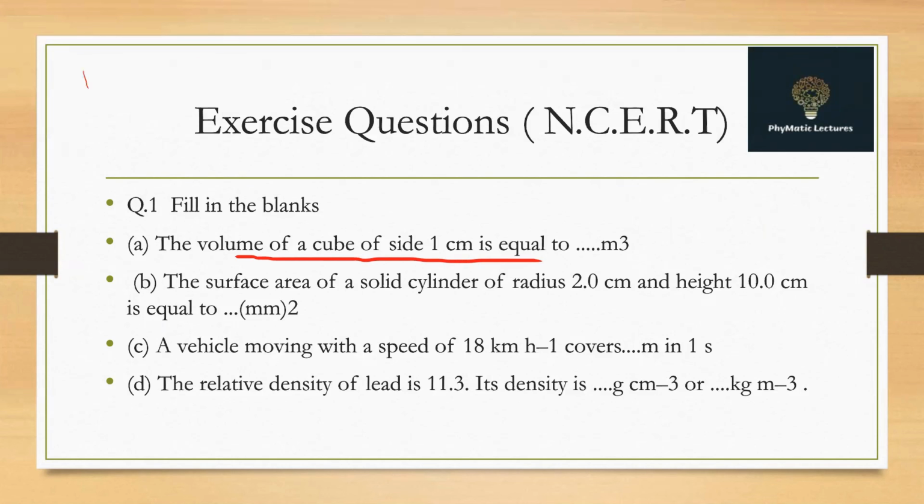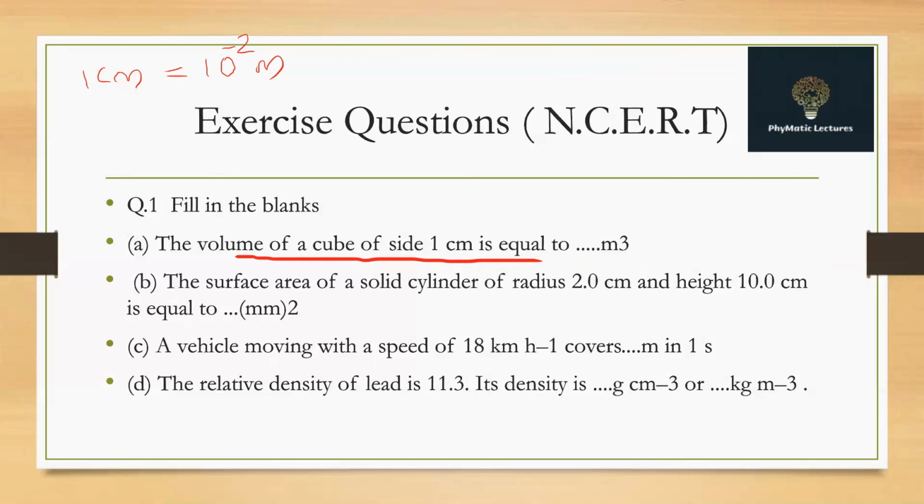So what is 1 centimeter? We know the SI unit is meter, right? So 1 centimeter is 10 to the power of minus 2 meter, because 100 centimeter is basically 1 meter. What is the volume of a cube?